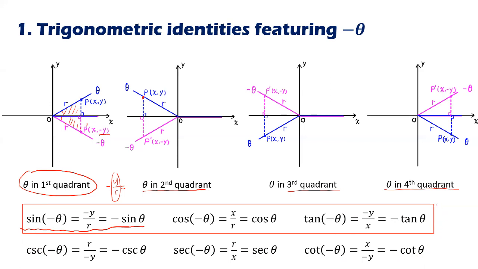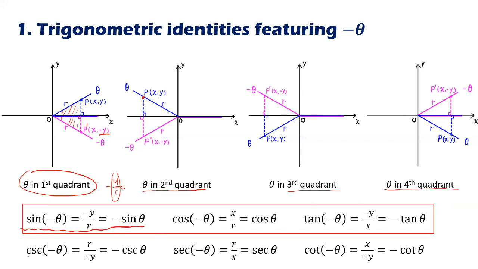For your convenience, you can just remember the first three ratios and use the reciprocal identity to deduce the identities for the other three ratios, right?